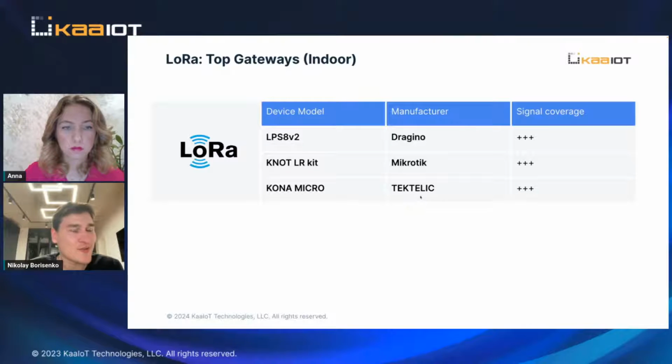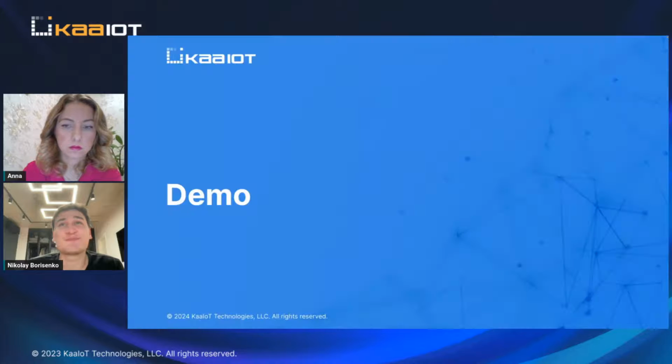Tektelic, I think, also has some, but for the case when a company wants to install water leak detection systems, all of them are pretty good. Yeah, let's move forward.